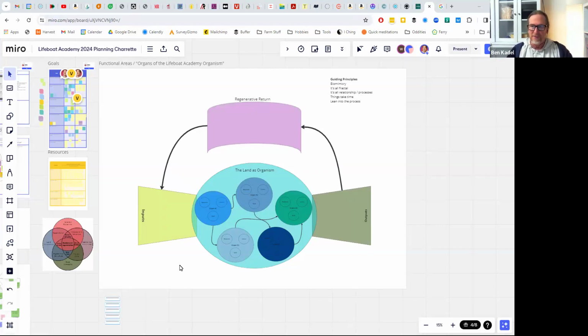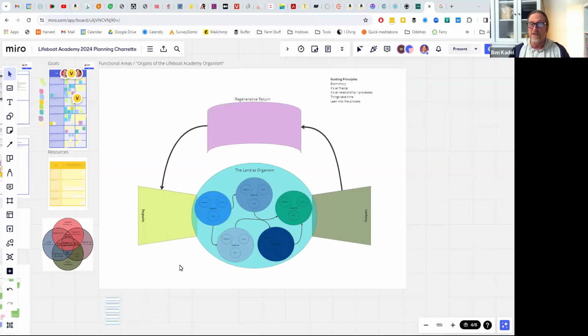What are the outputs that we produce? And how do they return to us as healthy, renewing inputs? And then once we've established that, we also want to talk about what are the organs within the organism that turn those inputs into the outputs that we're hoping for, and how do those relate to each other.